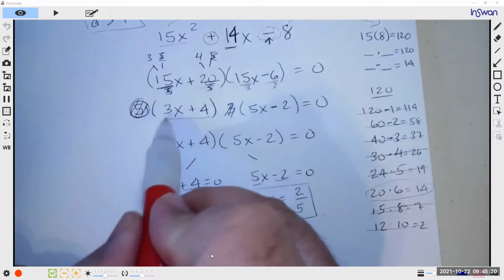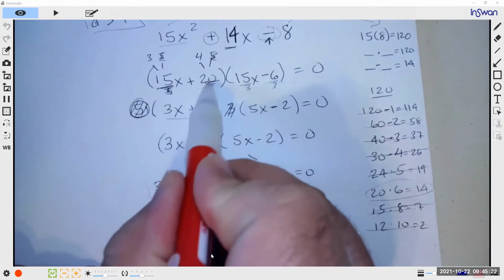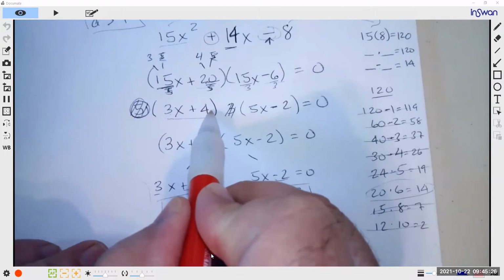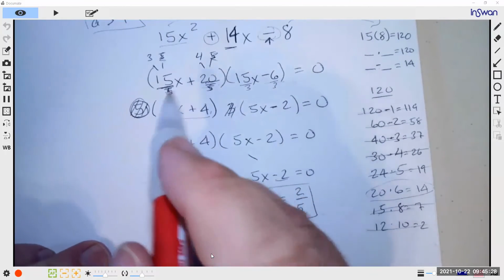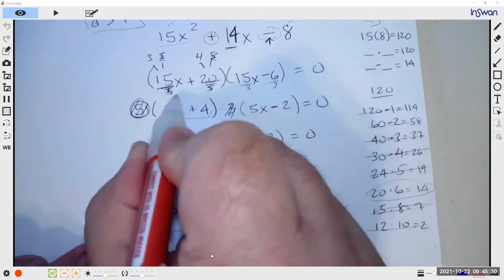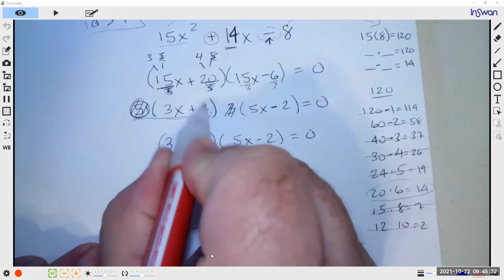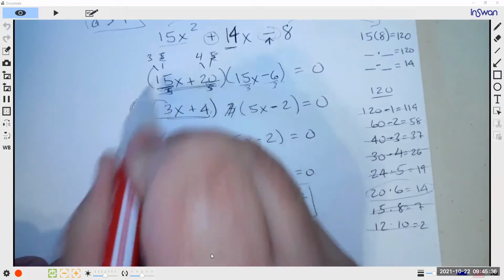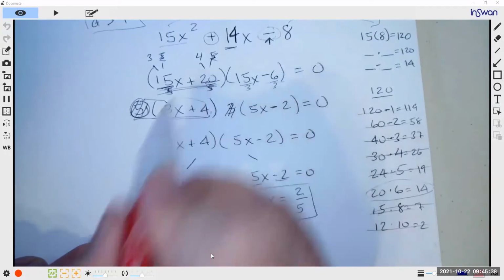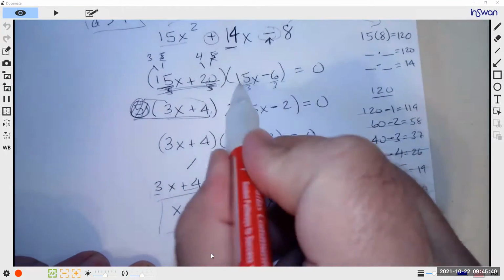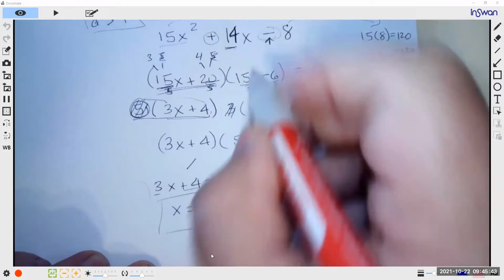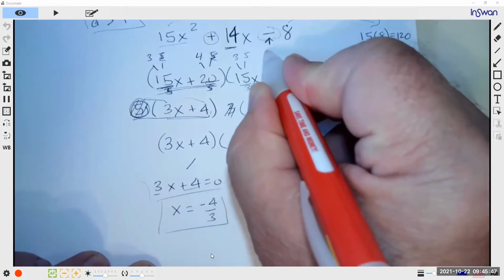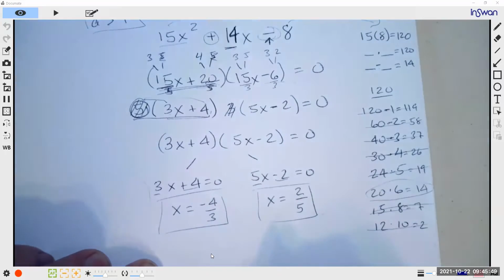15 divided by 5 gives you 3. 20 divided by 5 gives you 4. Because you have to test your work. If I multiply these together, I have to equal that. 5 times 3 is 15. 5 times 4 is 20. Same thing here. 15 is made up of 3 times 5. 6 is made up of 3 times 2.